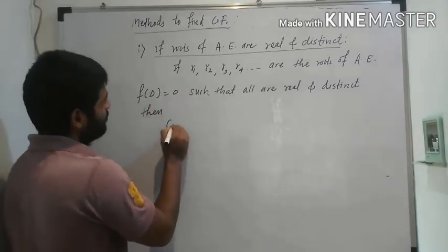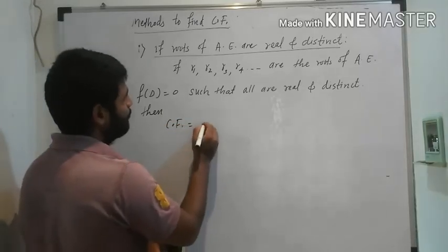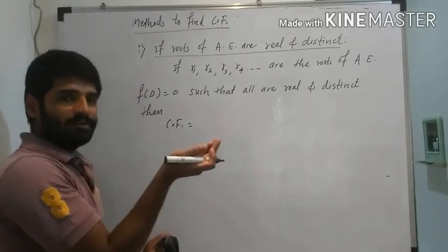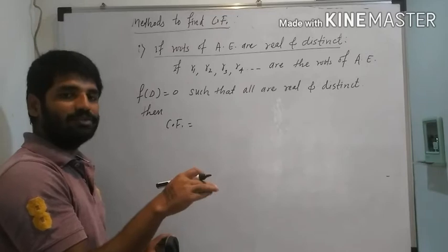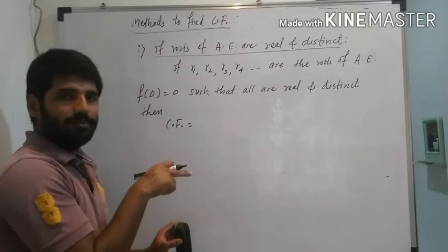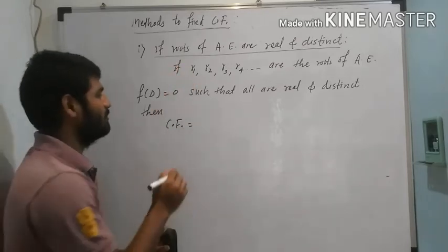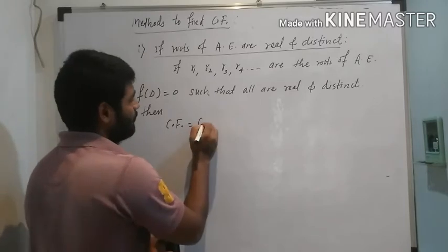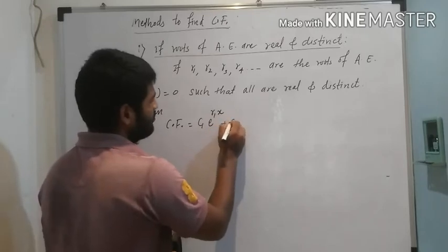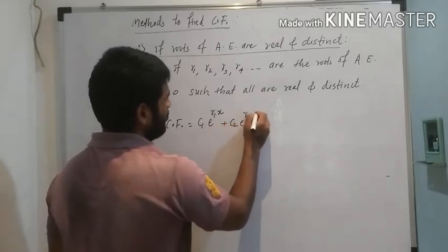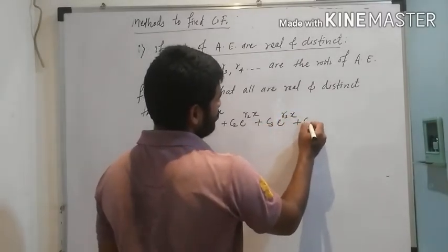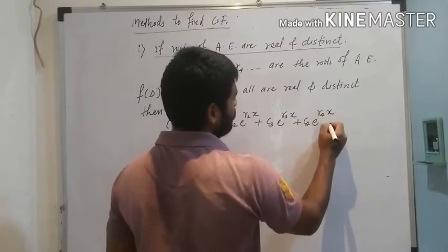Then CF is equal to, now what does CF mean? See the definition. CF is a part of the solution which contains a number of arbitrary constants equal to the order of the differential equation. So we have to take the constants in the complementary function equal to the order of the differential equation. Let us take the first constant C1 into e raised to r1x, where r1 is the first root, plus C2 into e raised to r2x, plus C3 into e raised to r3x, plus C4 into e raised to r4x, plus so on.